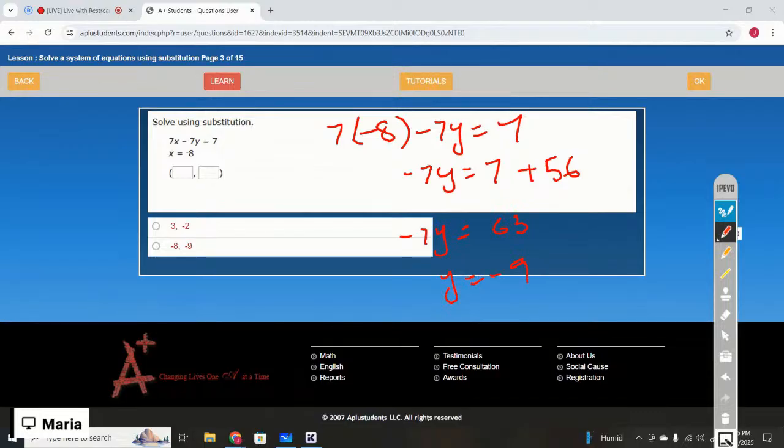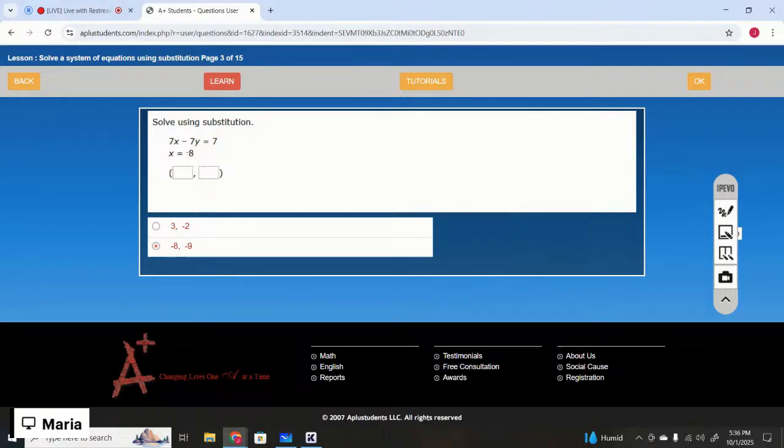Y equals negative 9. So option number 2 is the correct option, that is negative 8 and negative 9.